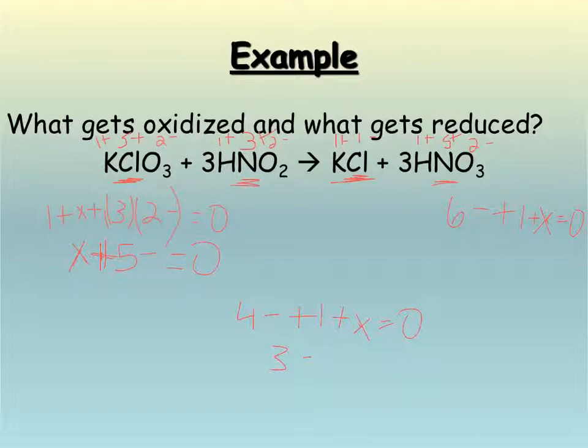Chlorine is going from 5+ to 1-, so it is getting more negative, which means it has to be gaining electrons. So chlorine is being reduced. Sorry about my chicken scratch there for a second. My nitrogen is going from 3+ to 5+, which means it had to lose electrons, so it is being oxidized.